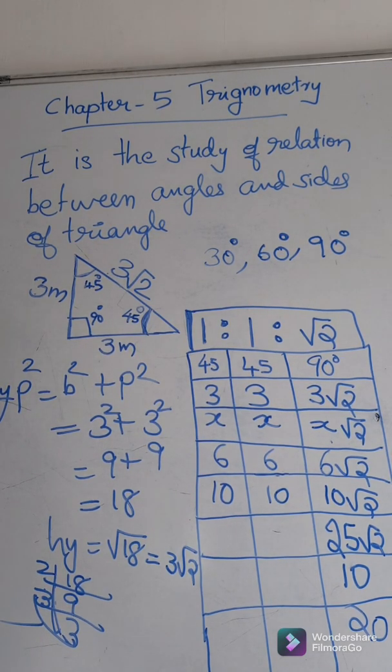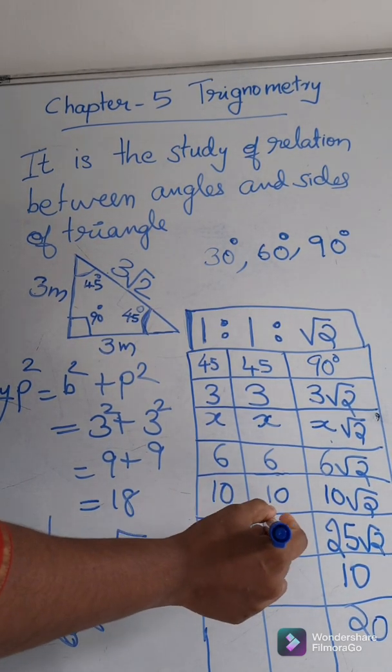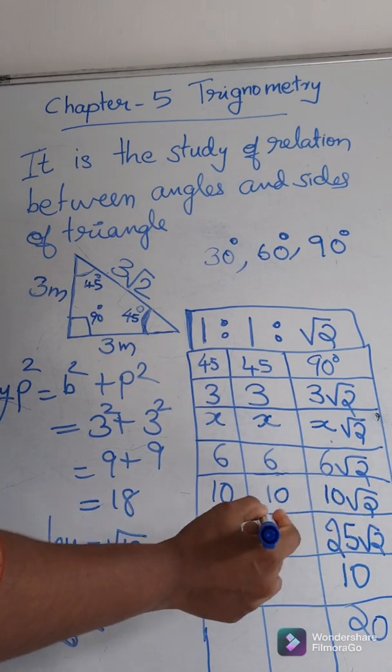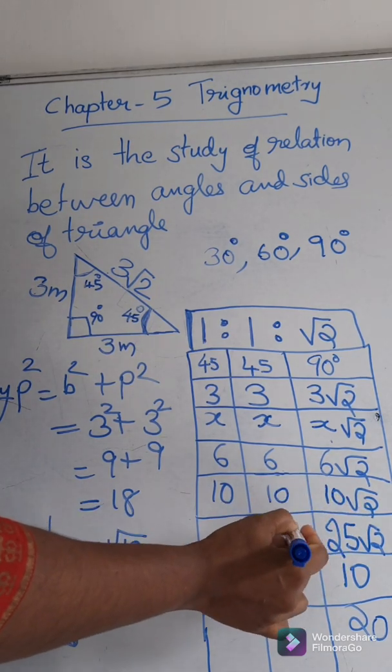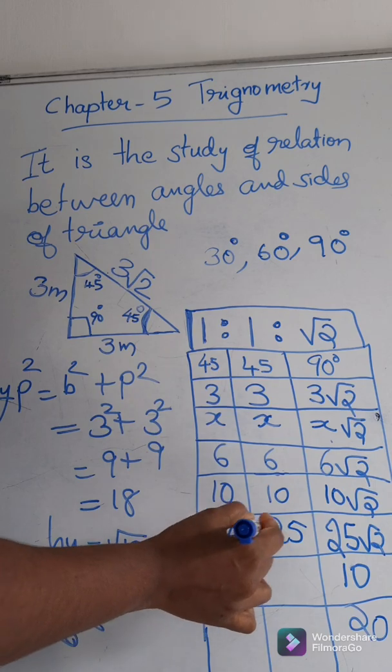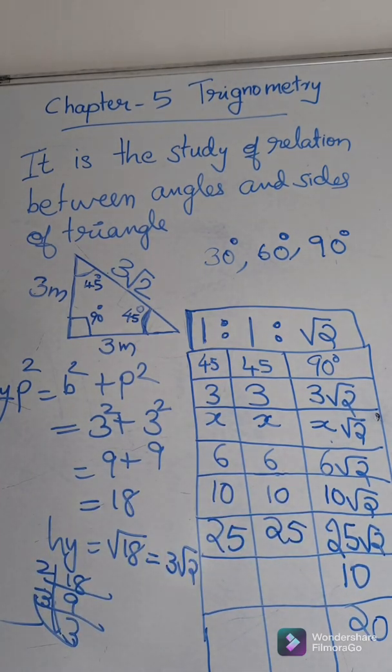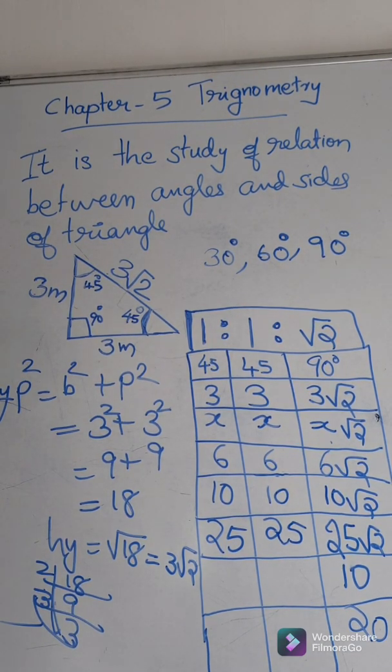Now the next is 25 root 2. What will be the sides? The sides are 25, 25, and if we simplify, the ratio is 1 is to 1 is to root 2. Now the situation changes a little bit. Here 10, there is no root 2.